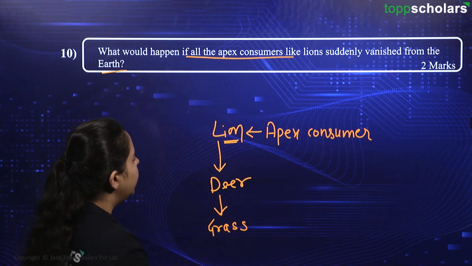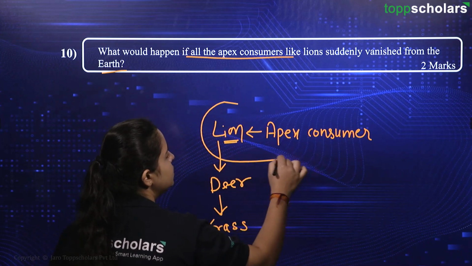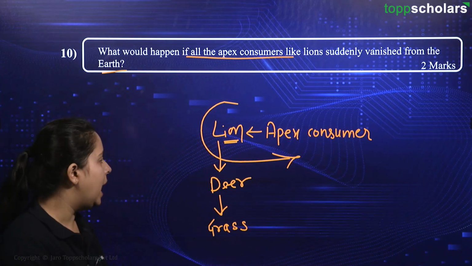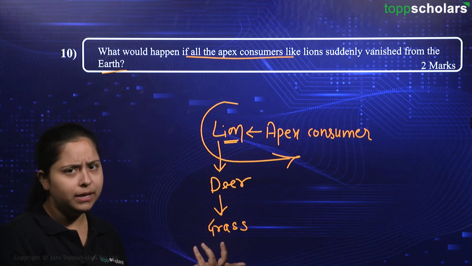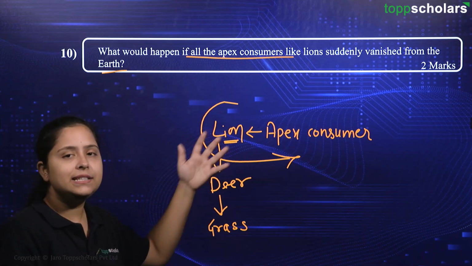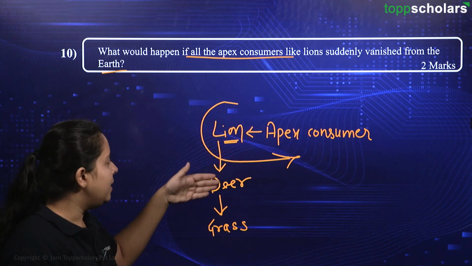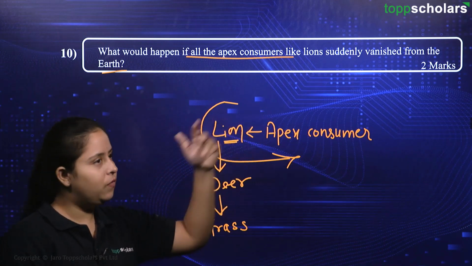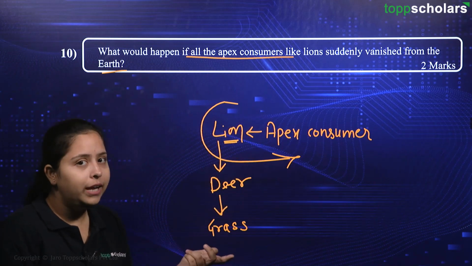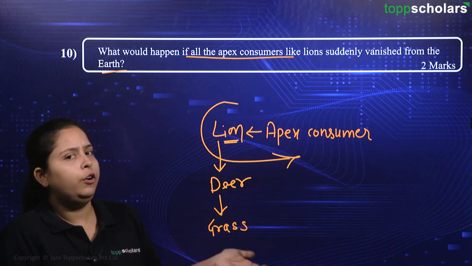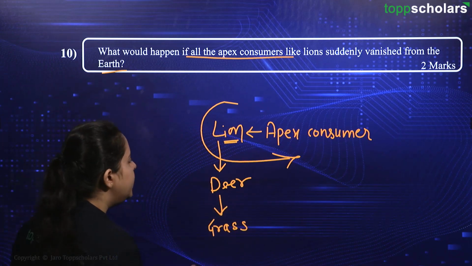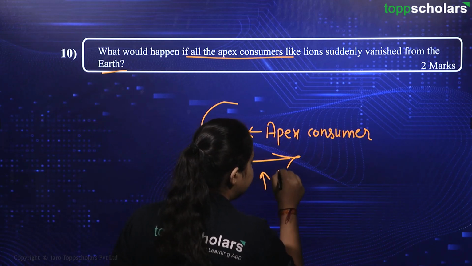So, if I eliminate this part, this is gone. Now, we have so many deer present in our environment, because their consumer is not there. So, this is prey and this is predator. Predator is now vanished. So, prey is now free to reproduce at their own will. So, the deer population will increase significantly.